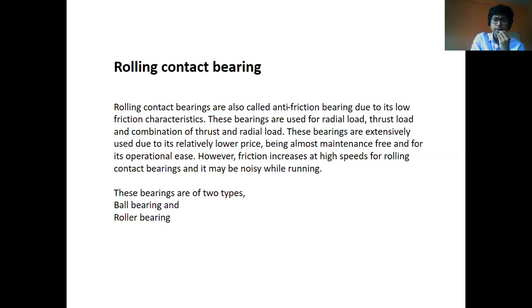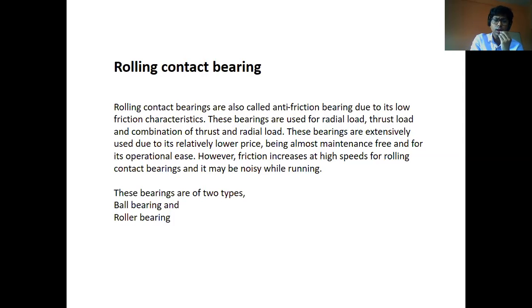Rolling contact bearings are used in radial load, as I said, thrust load and a combination of both loaded conditions. These bearings are extensively used due to the relatively lower price and being almost maintenance free.